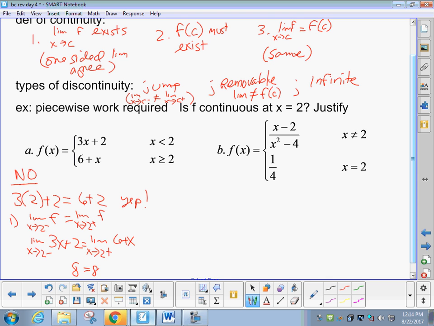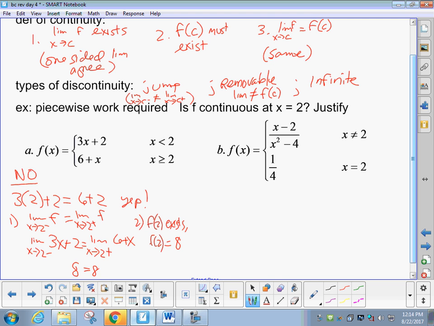Second condition: does f at 2 exist? Yes. What does it equal, by the way? It equals 8. In what case would a piecewise not meet that condition? Yeah, if there's no equal sign and it just strictly said less than, greater than, f at c doesn't exist. It's not telling you what to do when x is 2.